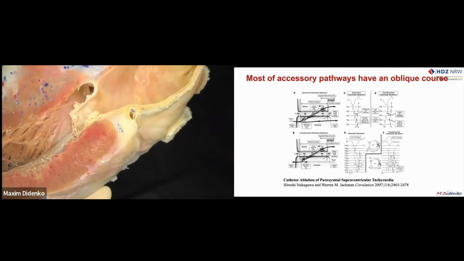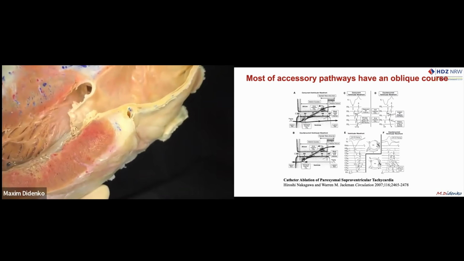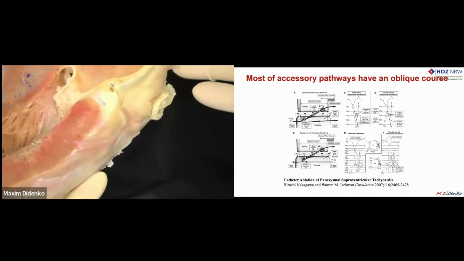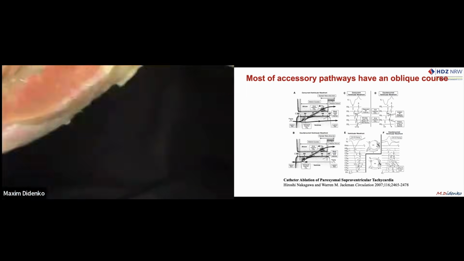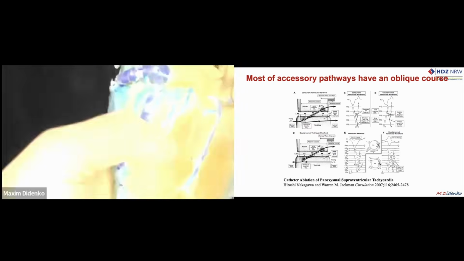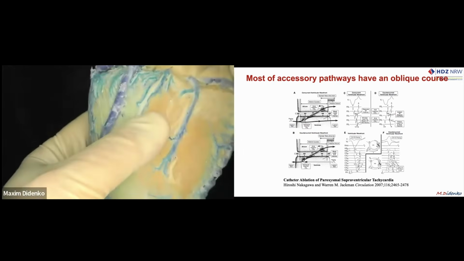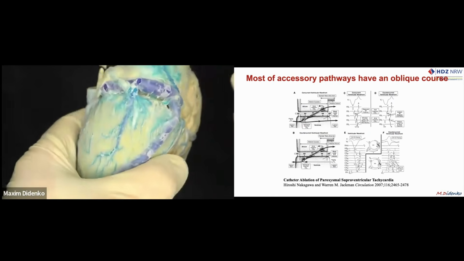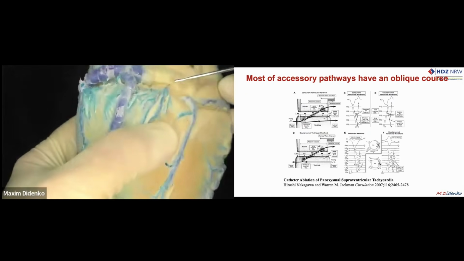And the relationship to the arteries: when we burn inside the coronary sinus, we get worried about the artery. Yes, that is a very good question, because the problem is that it's a really variable situation.